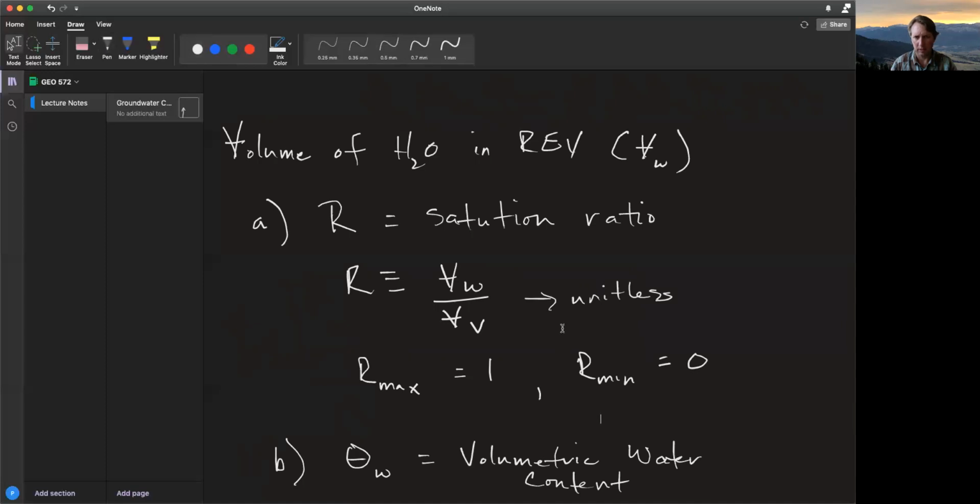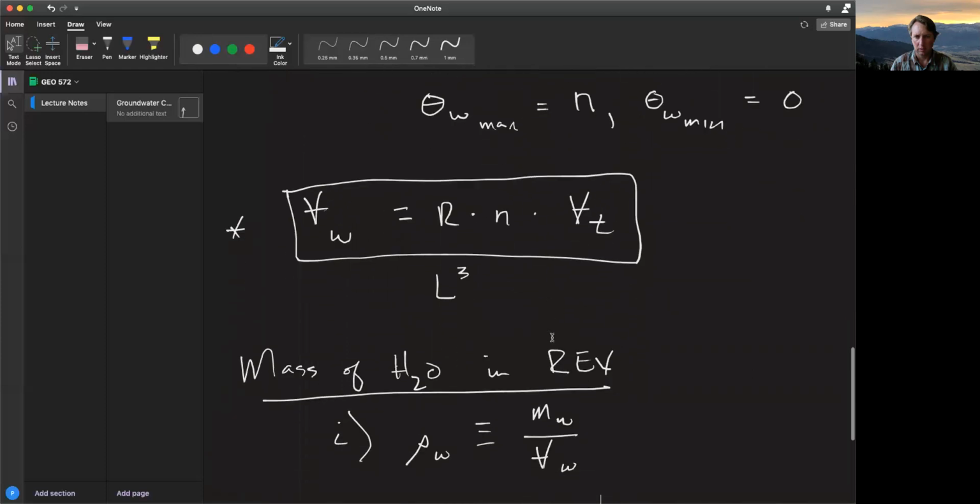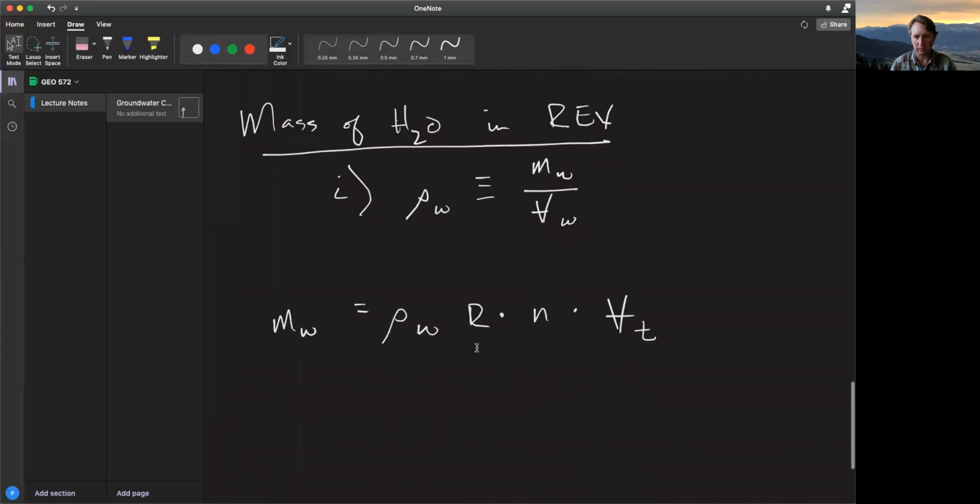All right, and in this equation, the units are unitless, unitless, mass over volume times volume. So lucky for us, the unit here is kilograms or mass. Okay.